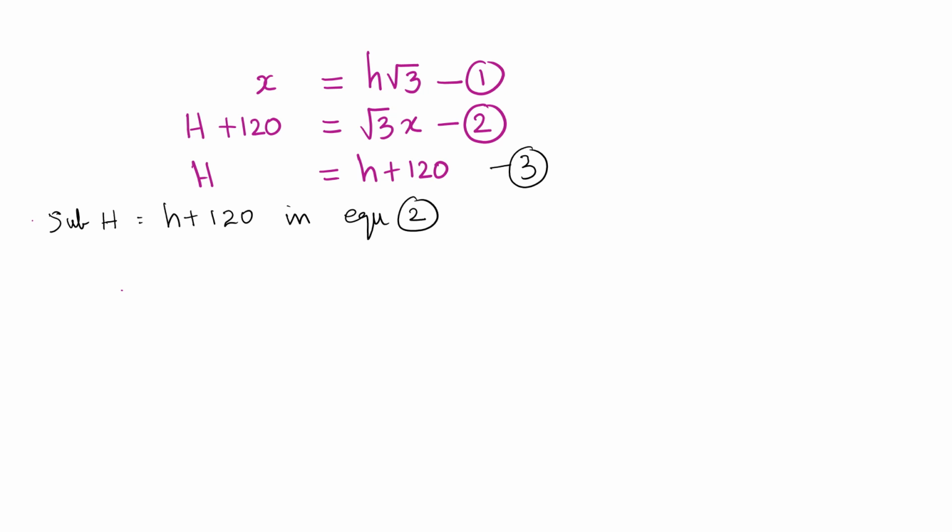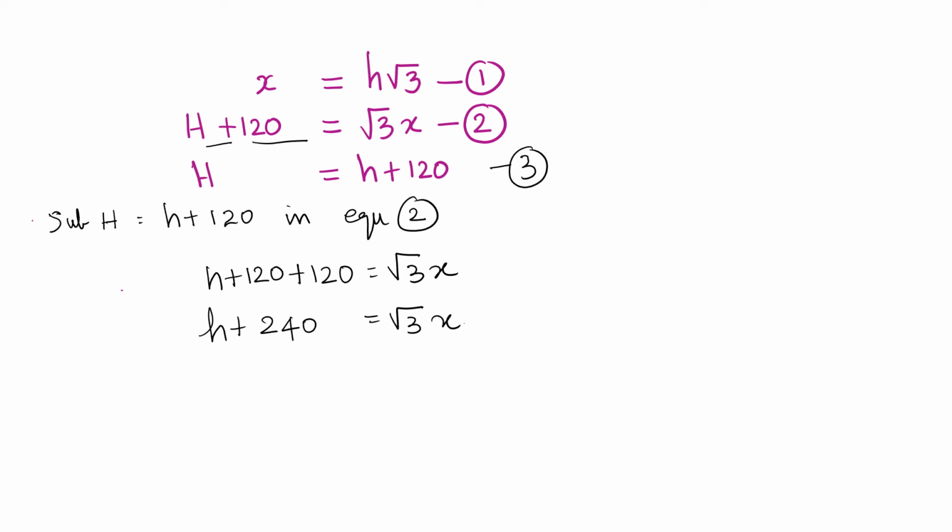So h plus 120 plus 120 equals root 3 X. You will get h plus 240 equals root 3 X. And you have the value for X here: X equals h root 3. This is my fourth equation.